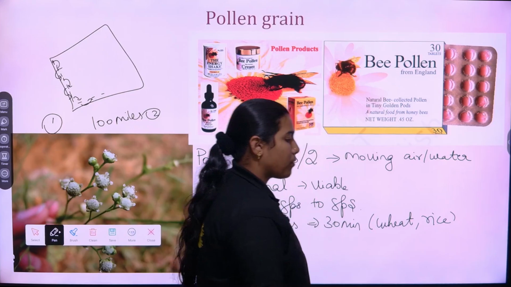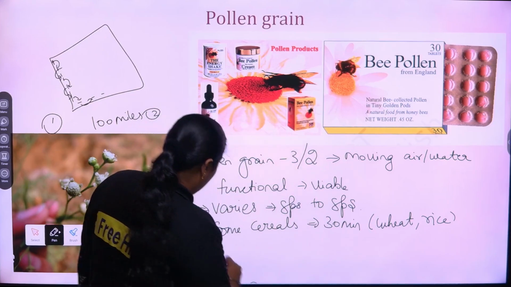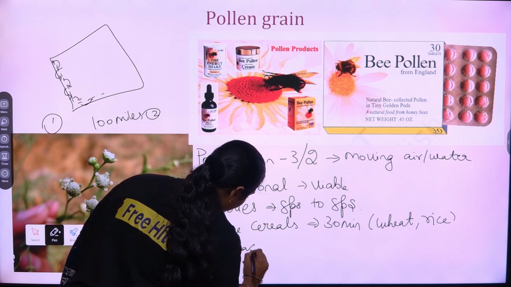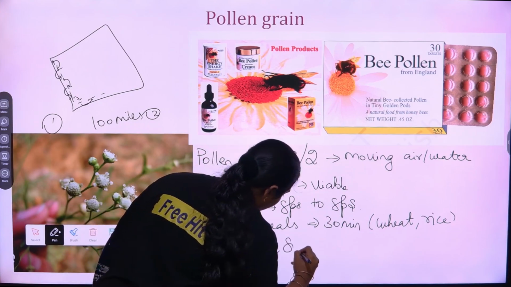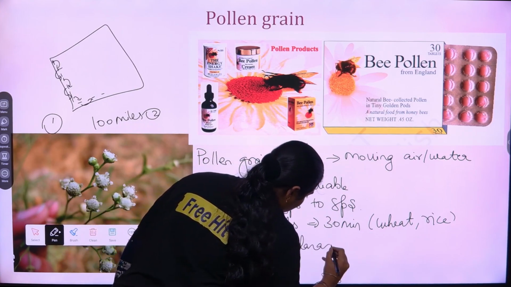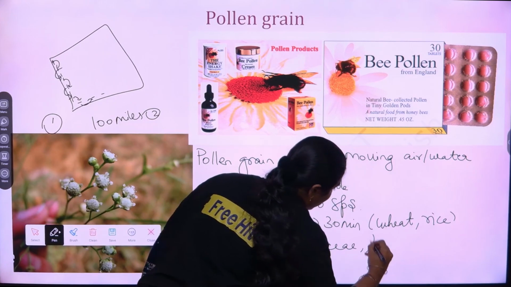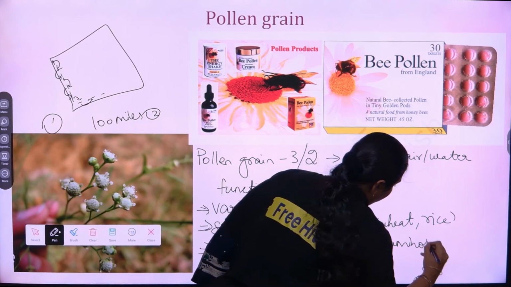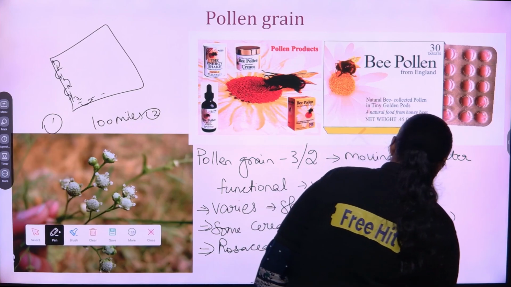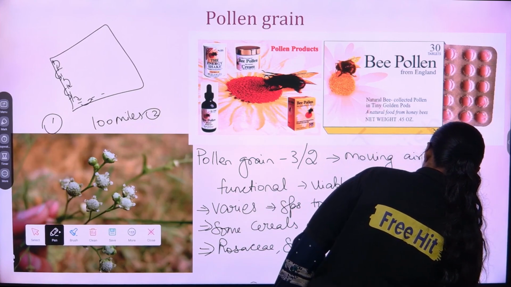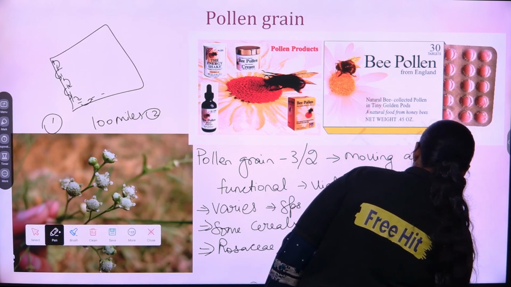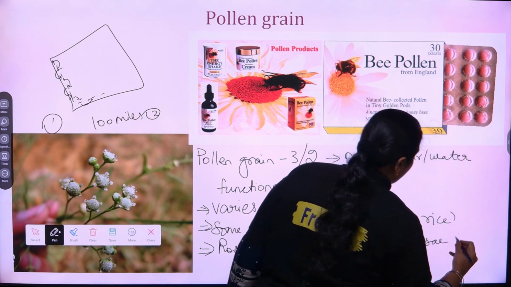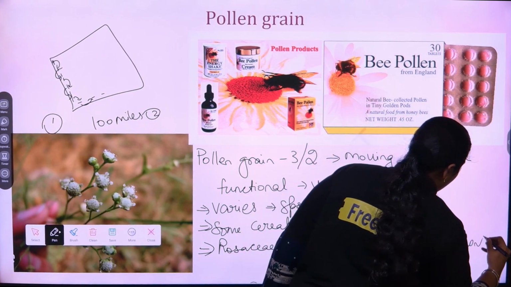And when I say Rosaceae, Solanaceae and Leguminosae, they can remain viable for months.